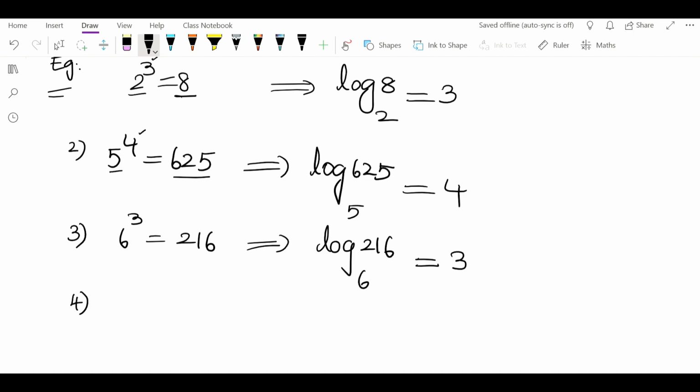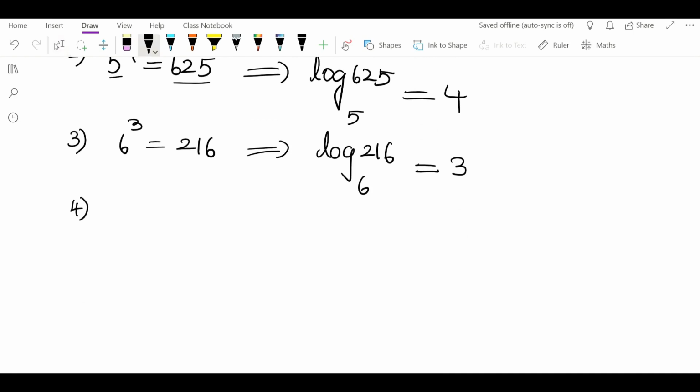Next, one more example. 2 to the power of 10 is equal to 1024. This can be converted into logarithmic form. Log 1024 base 2 is equal to 10.